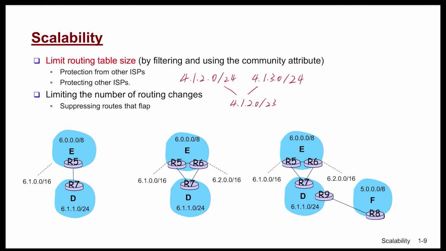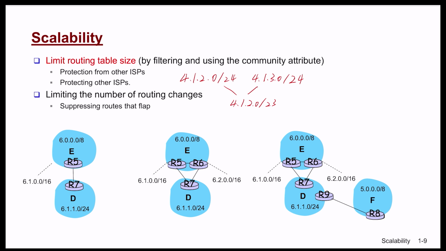This is done by configuring R5 and R6 to tag a community attribute onto advertisement of prefix 6.1.1.0/24 and configuring all border routers to filter routes with that community attribute. In the third situation, suppose D connects to both E and F. In this case, aggregation by E is forbidden.